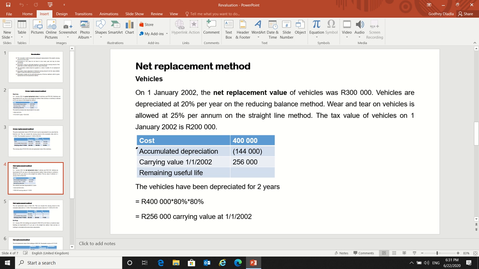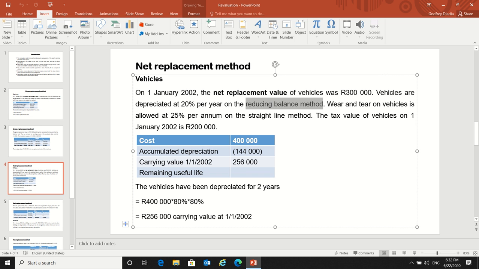Now, here is the information that is given to you, 1st of January 2002. The cost is 400,000. The asset has been depreciated by 144, and then the carrying amount is 256. I can tell you now, if you take 400,000, remember, this method is reducing balance, right?